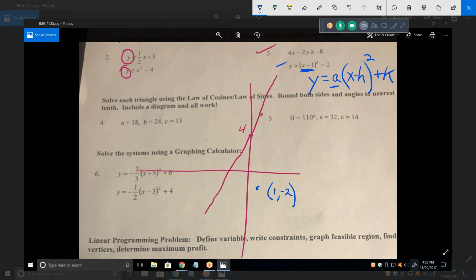But if I can get two other points, now there's two choices for getting two other points. I can get the x-intercepts, in other words, where this parabola is going to cross the x-axis, or I can figure out the y-intercept really easily. And once I get the y-intercept, then I'm going to be able to go a symmetrical amount to the right to figure out the other intercept.